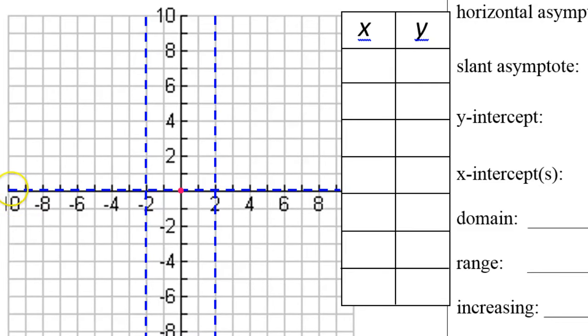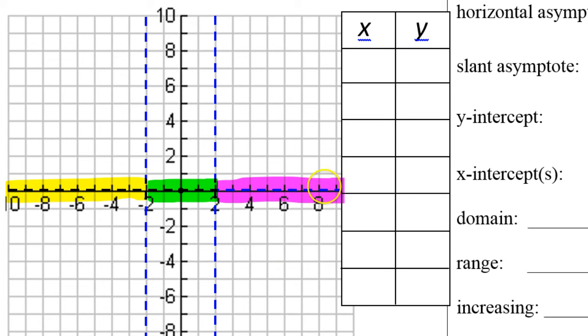When we talk about domain, it's going to go like this. Coming in from negative infinity, going left to right across the page, the first part of my domain goes from negative infinity up to negative 2. The next part goes from negative 2 to positive 2. And the last part goes from positive 2 to positive infinity.